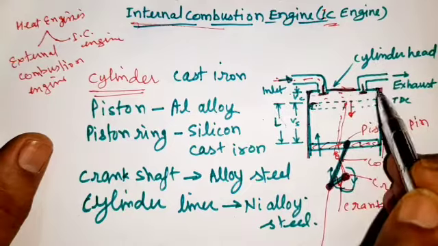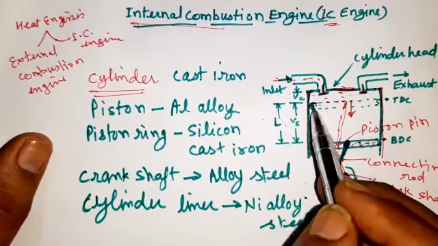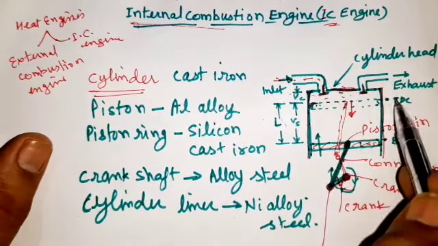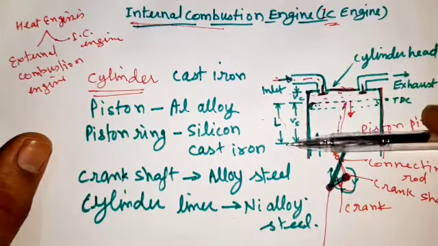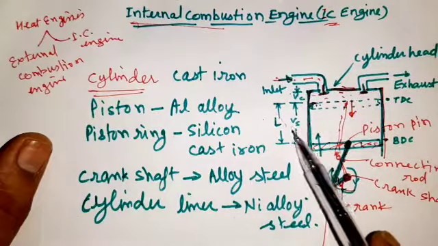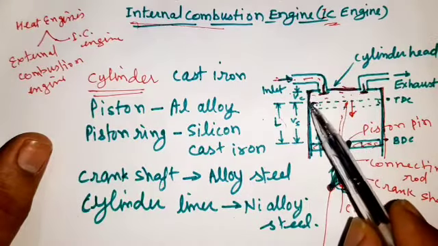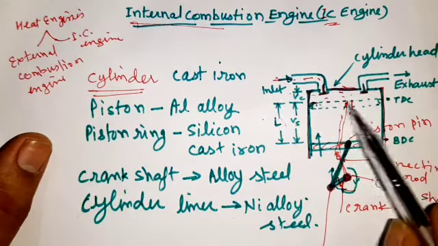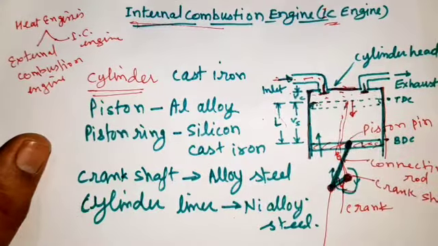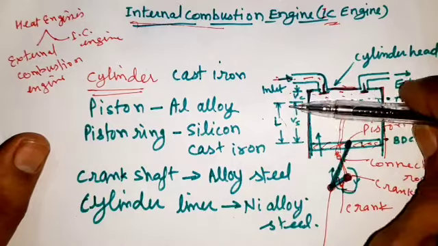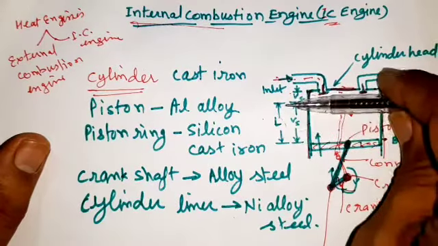Here you can see the stroke length between BDC and TDC, and the volume covered between BDC and TDC is called swept volume, Vs, and the volume left at the top position of the piston is called Vc, the clearance volume.